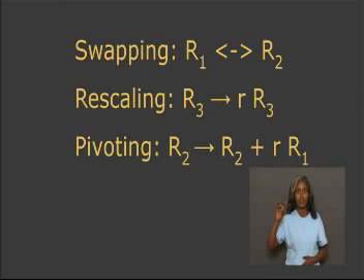Pivoting of the second row by r times the first row will be denoted by R2 becomes R2 plus small r times R1.